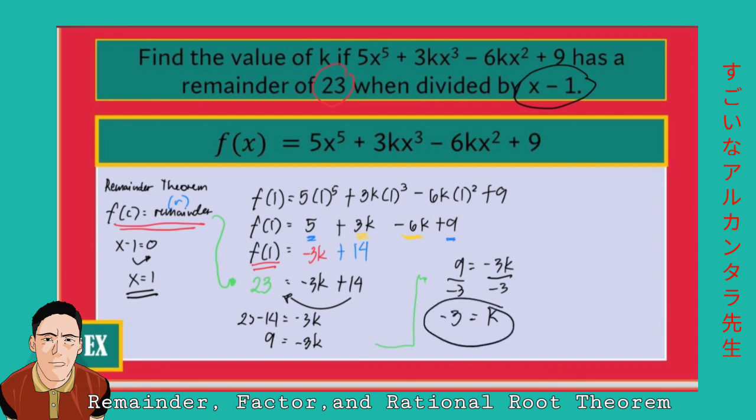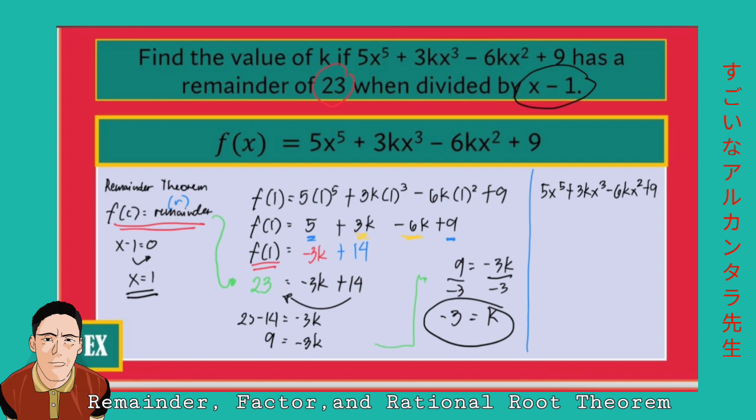So that's the answer. The value of k is negative 3, so we can substitute that to have our polynomial. Our given is 5x raised to 5 plus 3kx cubed minus 6kx squared plus 9. We change our k to negative 3.